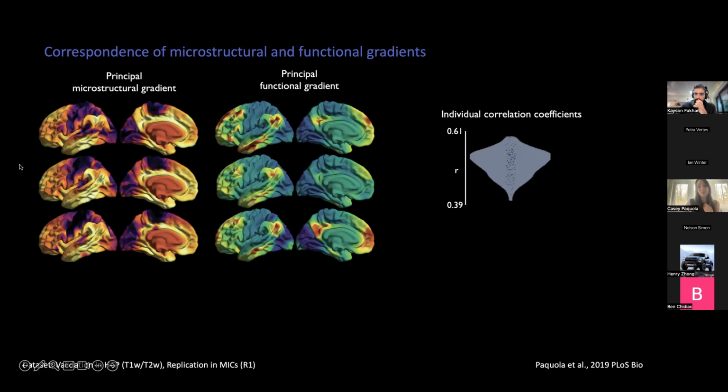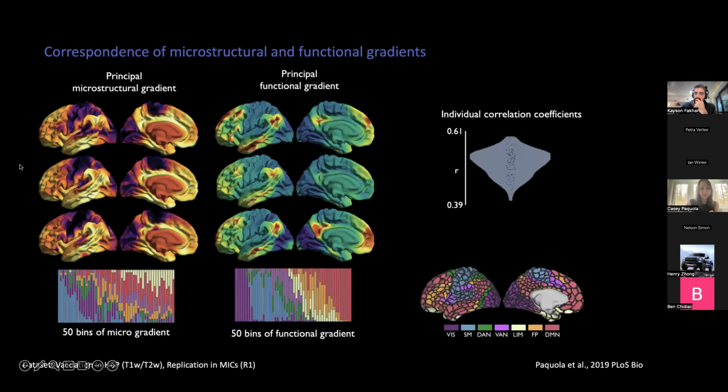What I find more interesting, though, is actually the divergences here. If we look at how functional networks are placed across these gradients, the colors are shown on the right, if you're not familiar with the Yeo color scheme off the top of your head. Basically the somatomotor and visual networks are pinned at the bottom of both of these gradients.